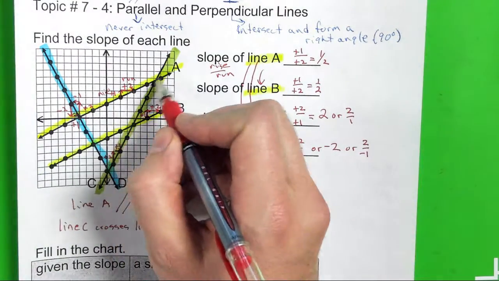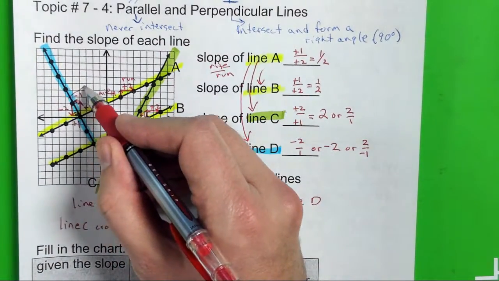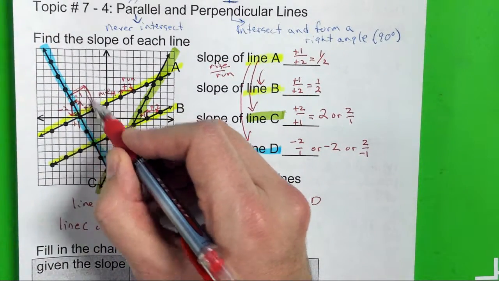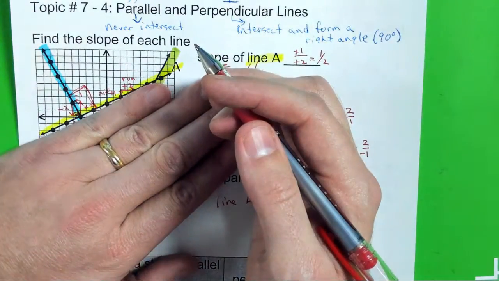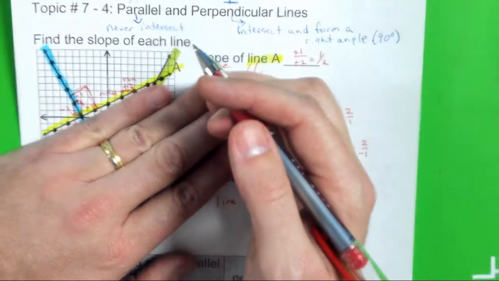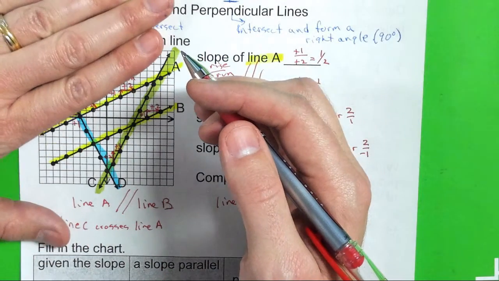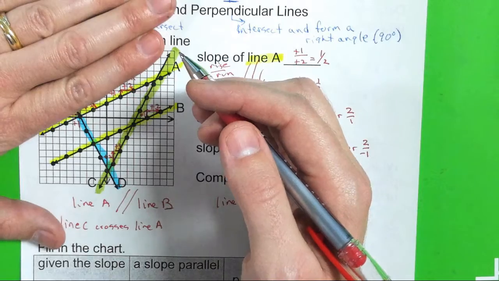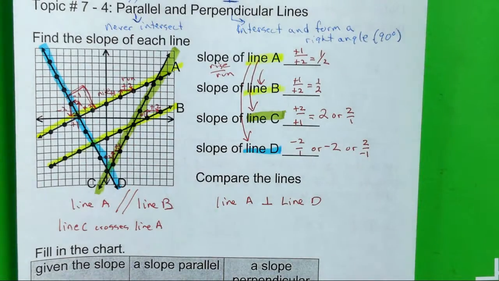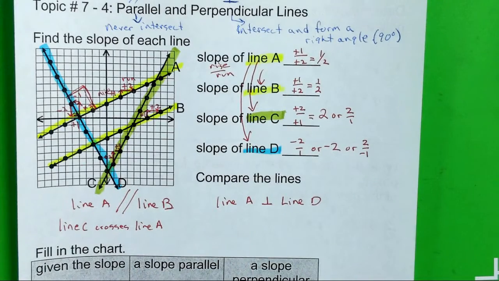Because when you look at A and D, look what they form right here. If you cover it up, it looks like an upside down T. Or if you want to go from the top, it looks like a T. So we know they're perpendicular. Okay, now we've only compared line A to everything. Have we compared line B to line C?